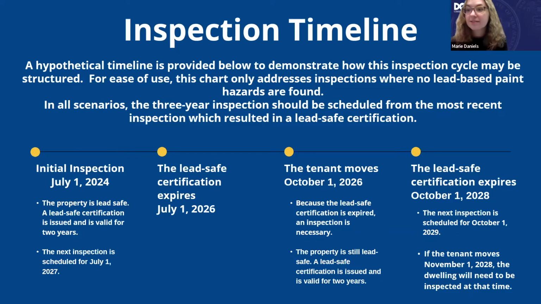So that resets that 2-year period clock. That new certification is going to expire October 1st, 2028. Your next inspection was scheduled for 3 years out from October 1st, 2026. So it's scheduled for 2029, with the information in mind that if the tenant were to move in November of 2028, the dwelling would need to be inspected at that time.